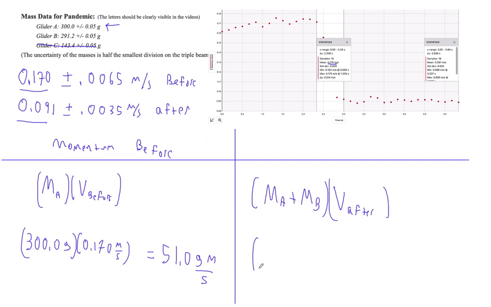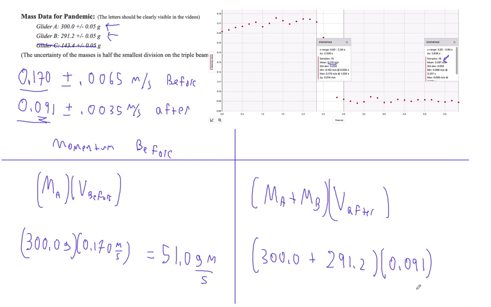So this is going to be 300.0 plus, and then glider B is 291.2. And then the velocity after is 0.091, all right, because it's there, right? And I got that from here.